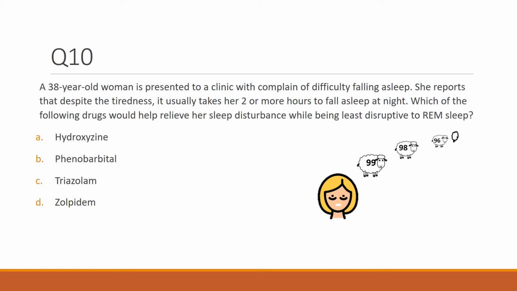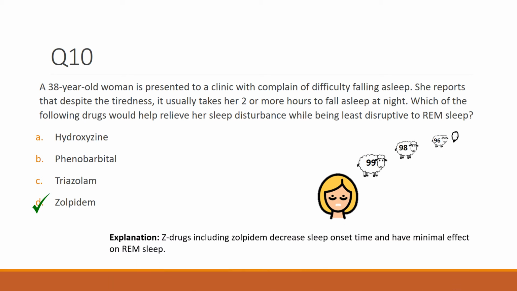The options are hydroxyzine, phenobarbital, triazolam, or zolpidem. And the correct option is zolpidem, because among these drugs, zolpidem, which is one of the Z drugs, decreases sleep onset time but has minimal effect on REM sleep.